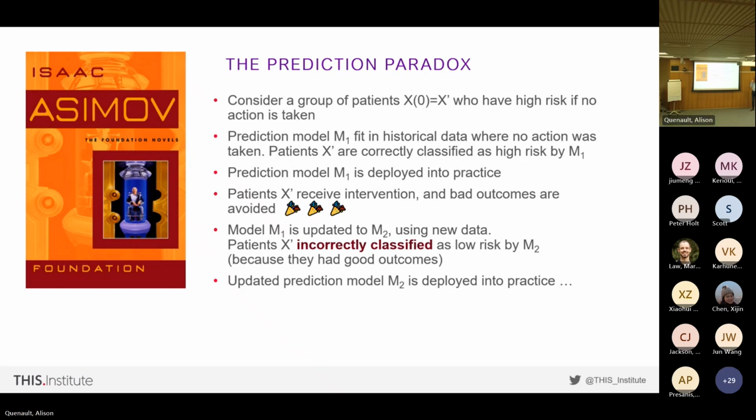I haven't seen actual examples of this happening, but it's an example where not taking into account the causal effects of treatments could potentially lead to a kind of cycle.